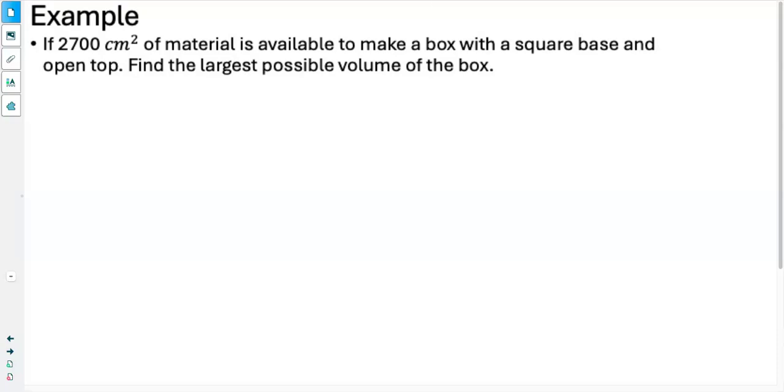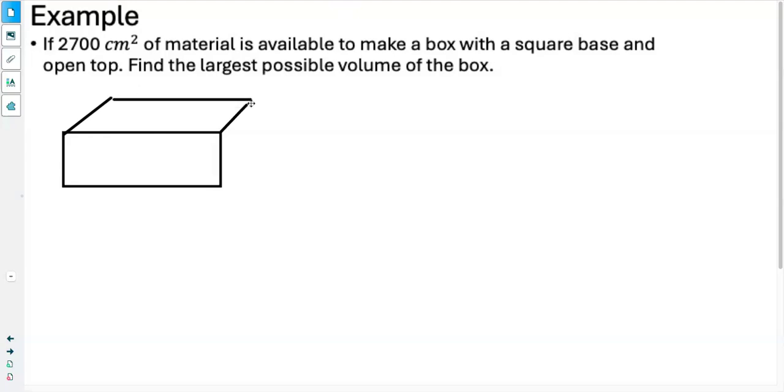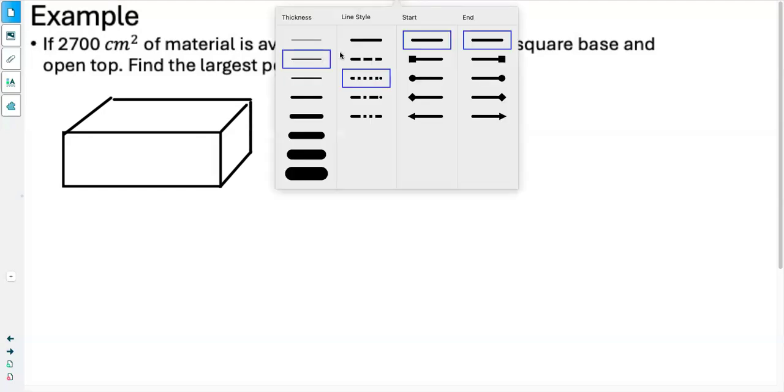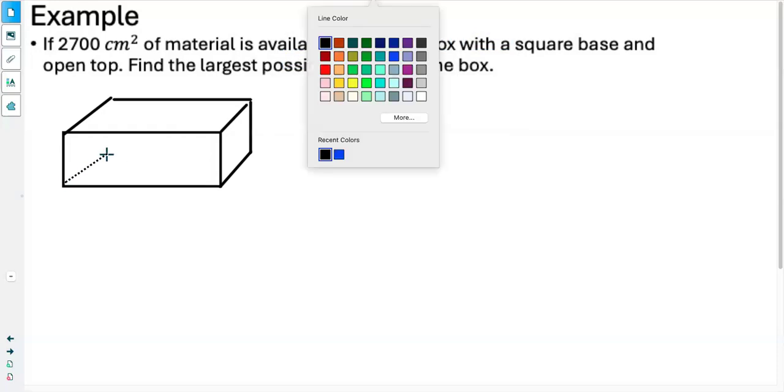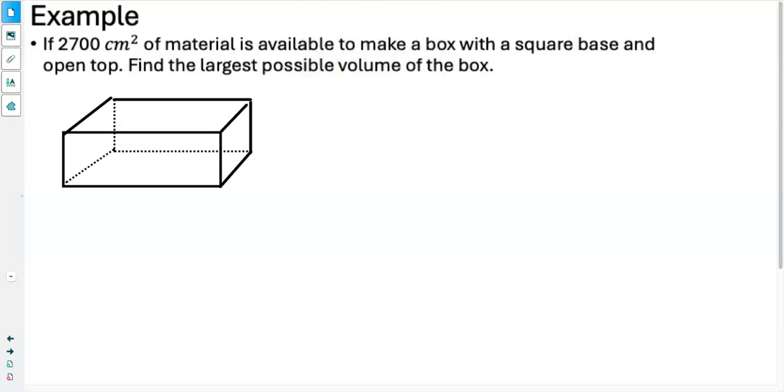So once again, I'd start by drawing out our situation. Okay, so our box looks something like this.